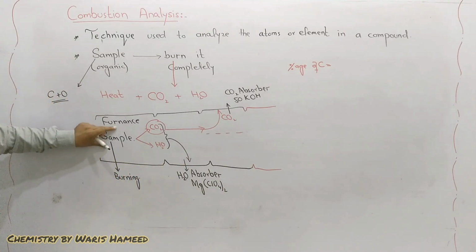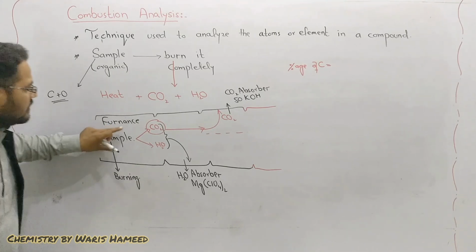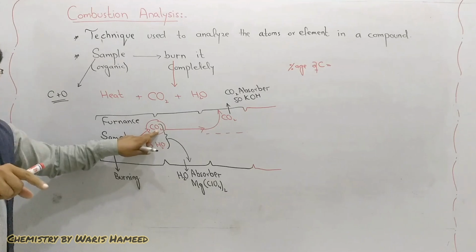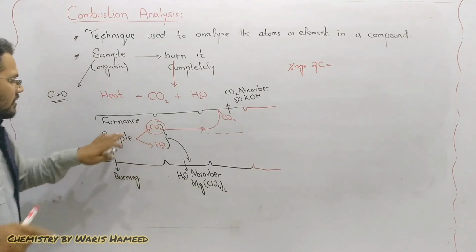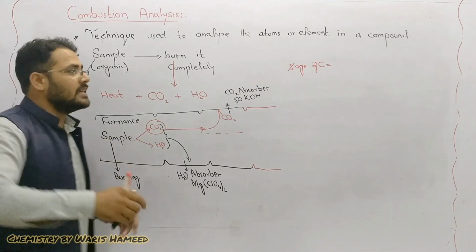Now look, a certain amount of sample is taken in this furnace and carbon is present in carbon dioxide. Then we have to take the percentage of carbon from this sample from carbon dioxide.